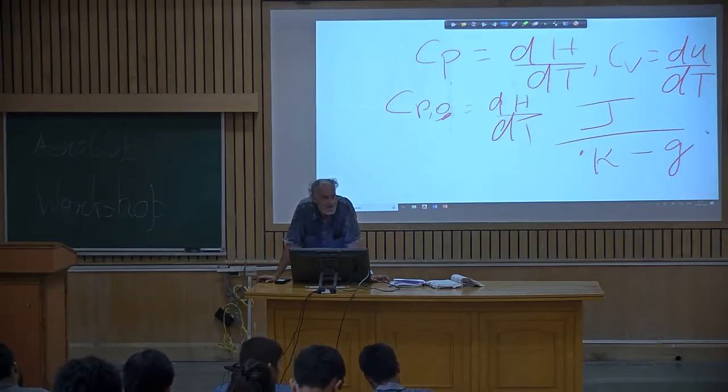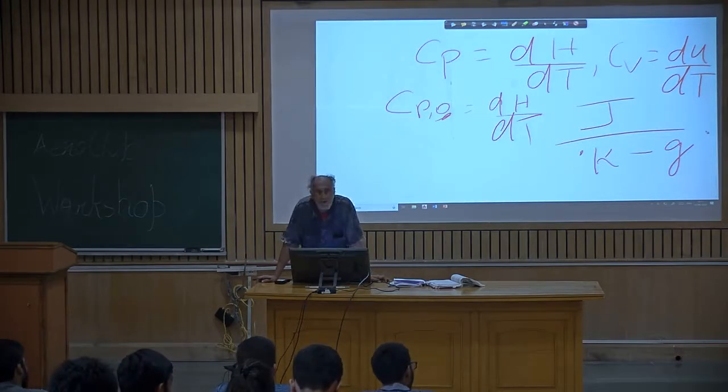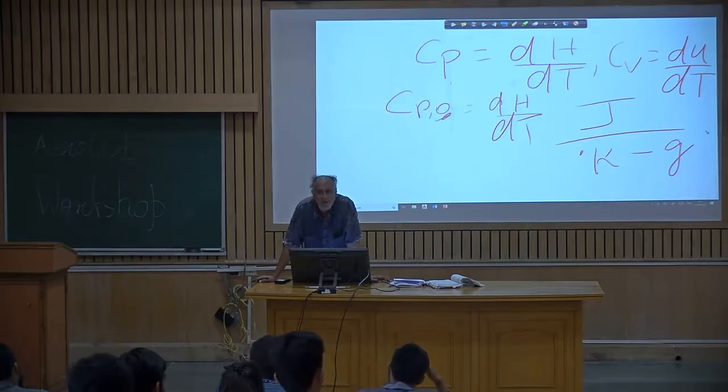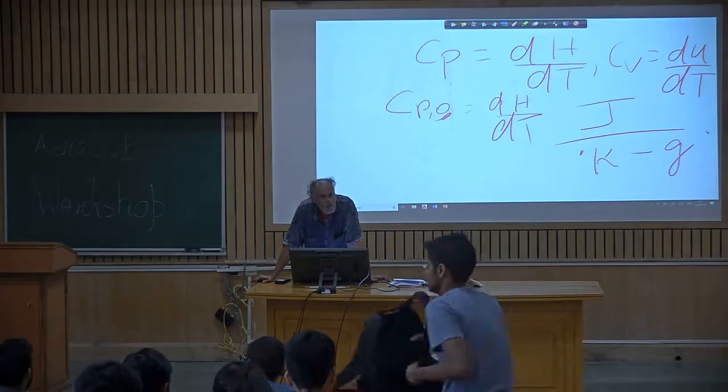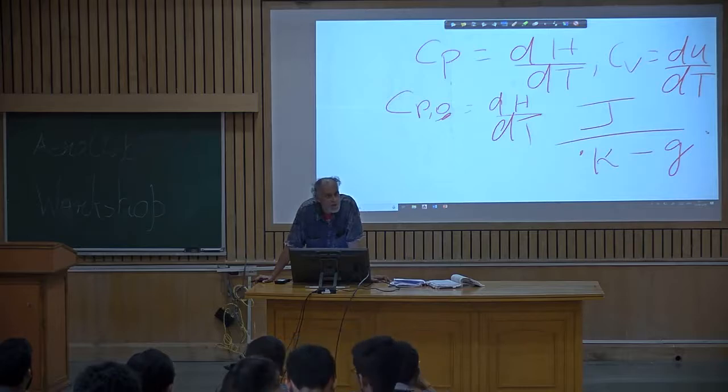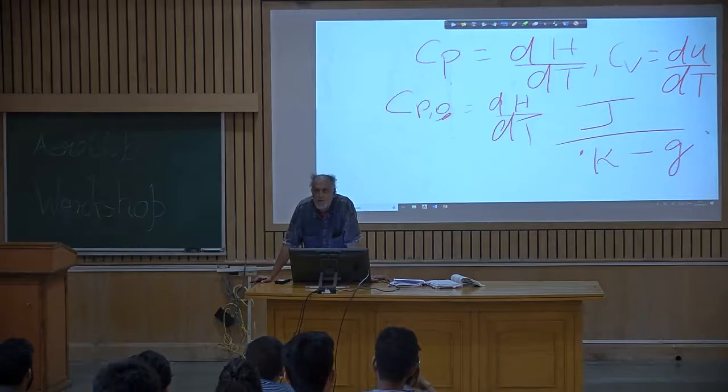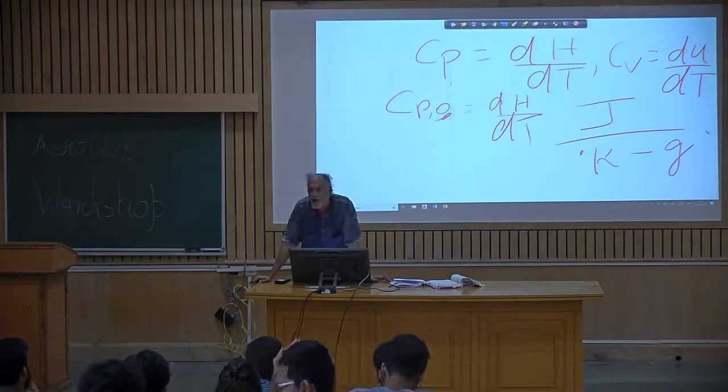Specific heat capacity, yeah? This is intensive, correct? This is intensive. You have already divided by mass. Can I just divide by mass? Can I even have molar? Can I have per mole? How do I convert this to per mole? Should I multiply by molecular weight or should I divide by molecular weight? Pretty simple.